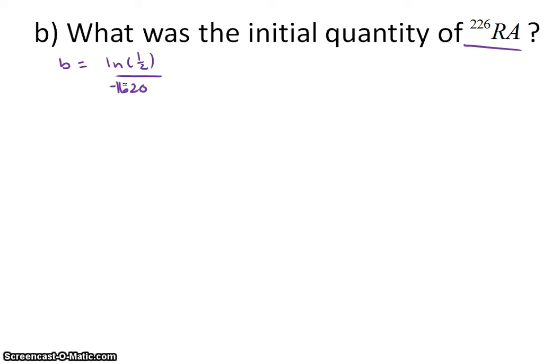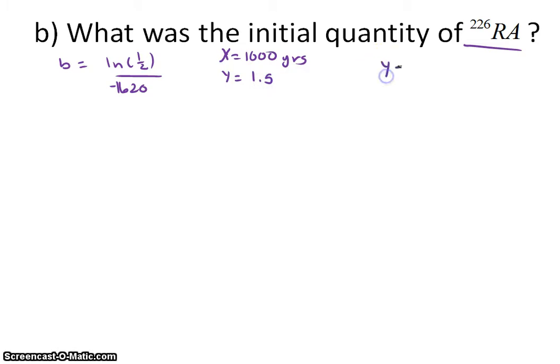And we're going to use the other bit of information that we haven't used in the problem, that after 1,000 years, so that's a time, so that's an x, there was 1.5 grams of the isotope left. So our y was 1.5 grams.